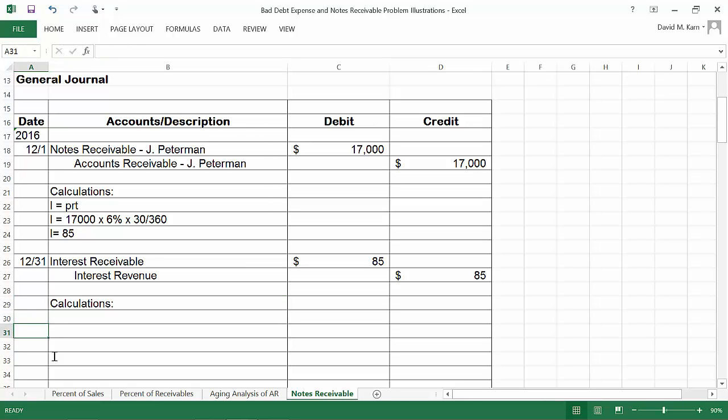Okay, so let's do the calculation for the whole thing. We know, again, I equals PRT.